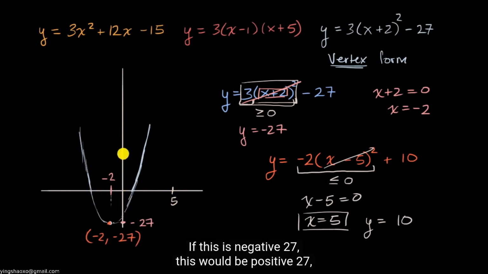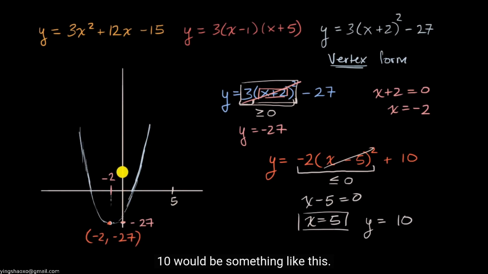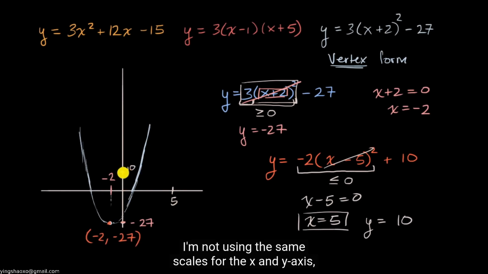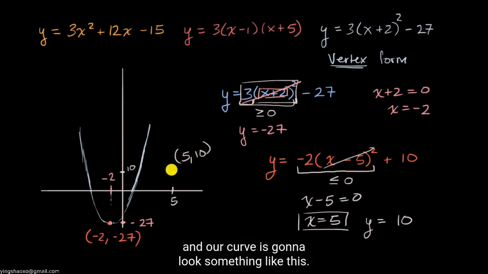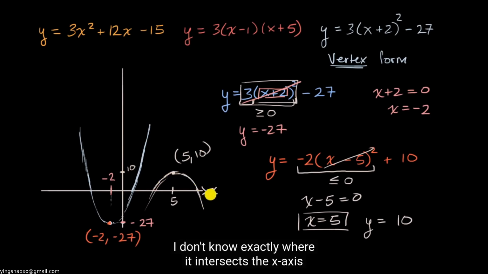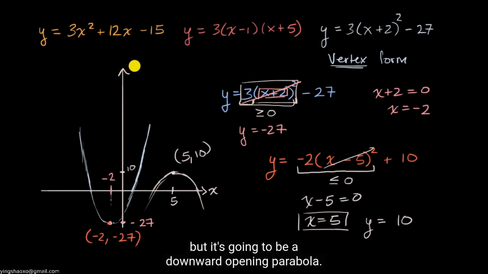If this is negative 27, this would be positive 27. 10 would be something like this. Not using the same scales for the x and y axis, but there you have it. So it's 5, comma 10. And our curve is going to look something like this. I don't know exactly where it intersects the x-axis, but it's going to be a downward opening parabola.